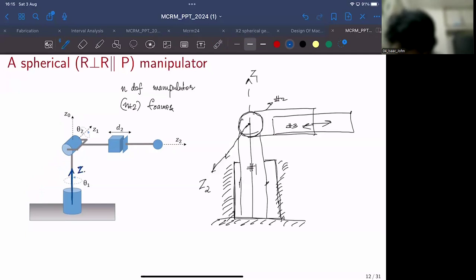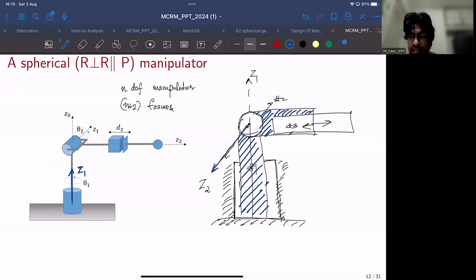Sorry, Z1 for the first link. I hope you can see this is the first link, and it is rotating about the vertical axis. So I'll attach a frame Z1 about the vertical axis. And this is the second link, which will rotate about this axis, Z2.